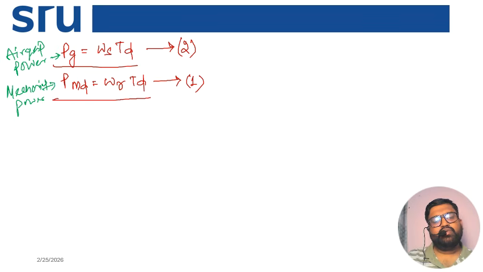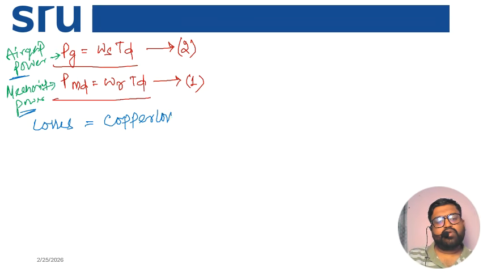Next point is losses, because this is the output and this is your input. What is the loss? The copper loss power, denoted as P copper.